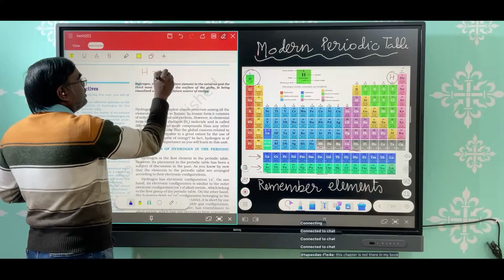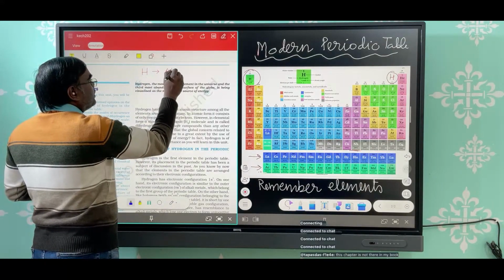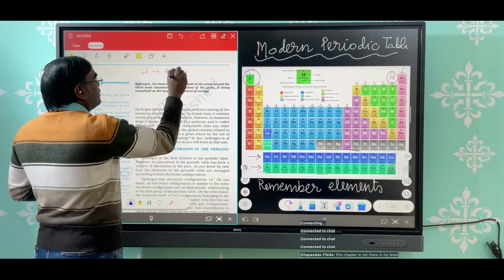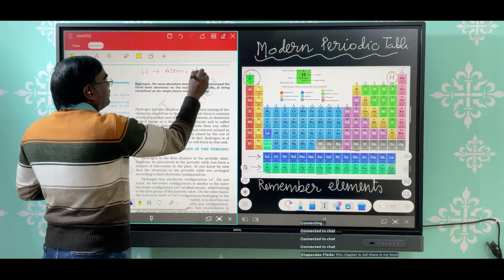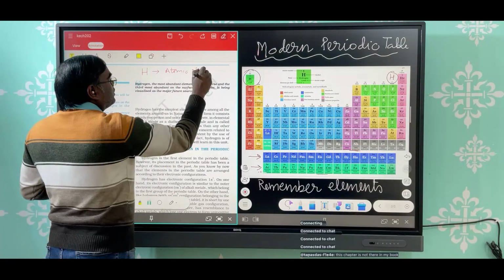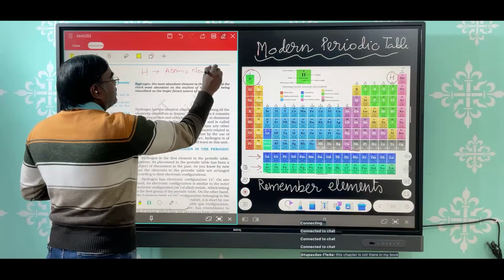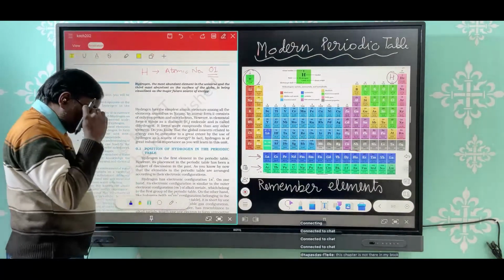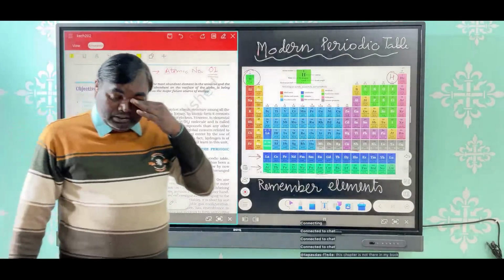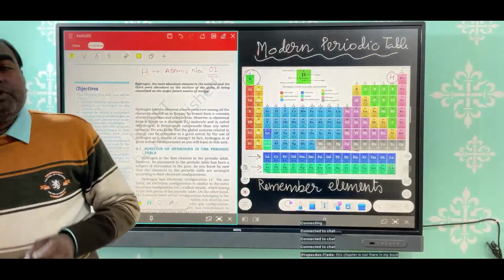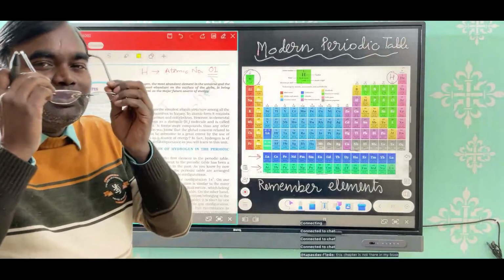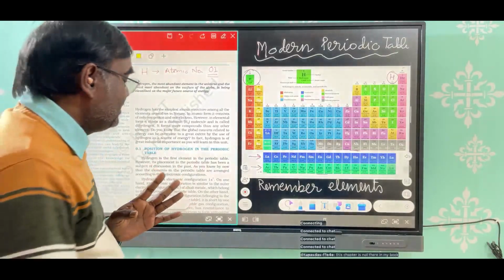Hydrogen has atomic number 1. Atomic number 1 means it has one proton, no neutron, and one electron.